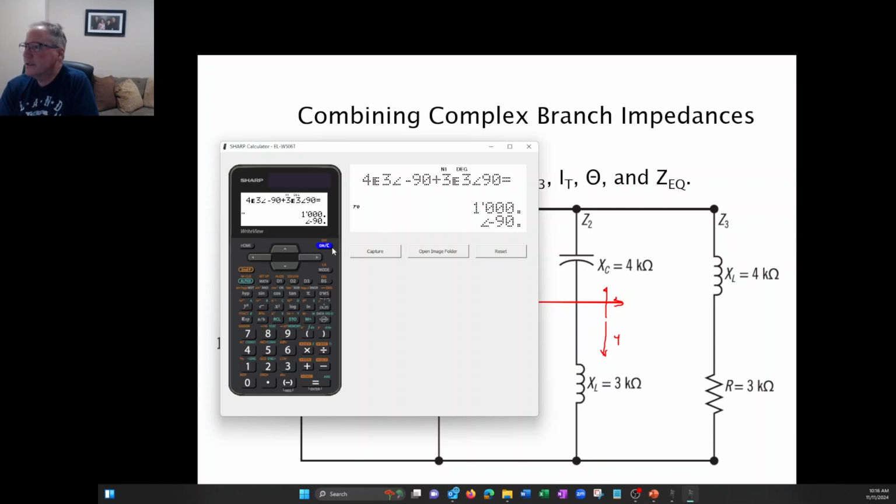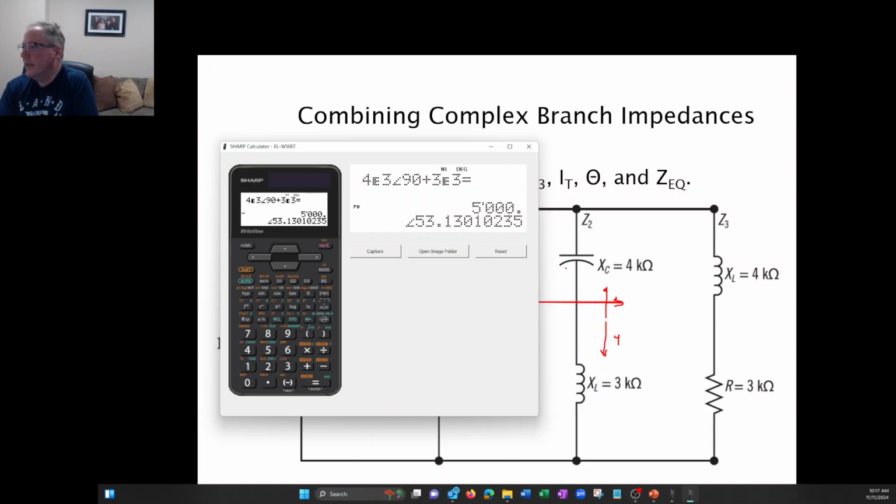And then this third branch is 4K at 90, because it's an inductor, plus 3K at angle 0, and you can just leave that off, and you end up with 5K at 53.13.